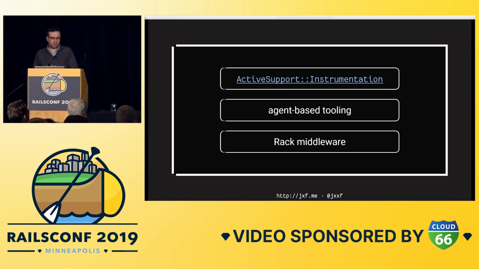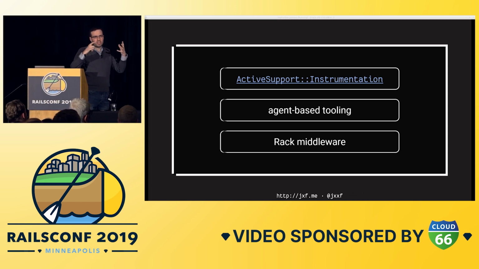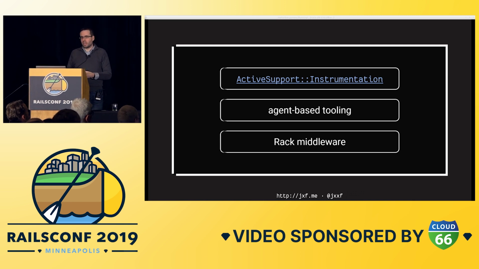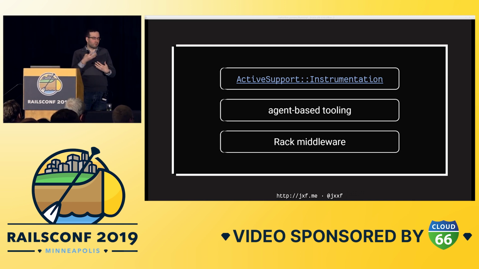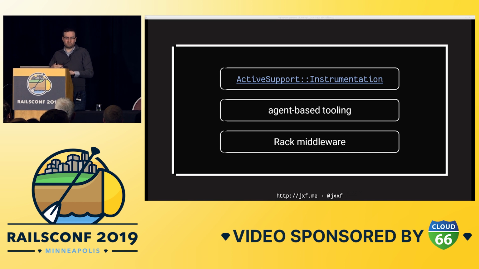You have agent-based tooling, like New Relic, that you add as a gem or a binary to the environment where your application is running. And then you have Rack middleware, which is libraries inserted into the Rack middleware stack for your application. Those are the three biggest buckets, I would say.